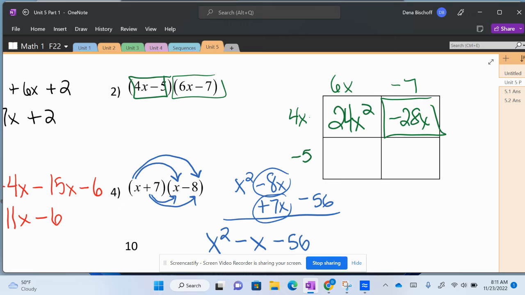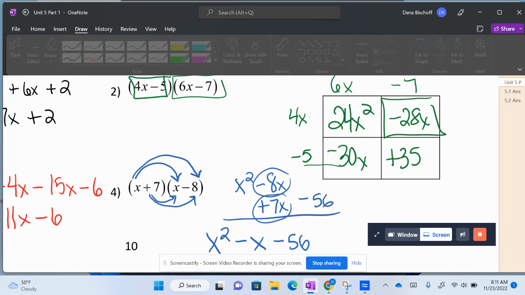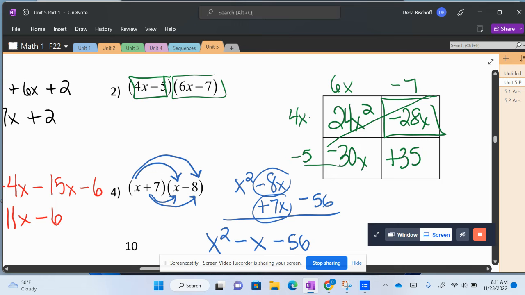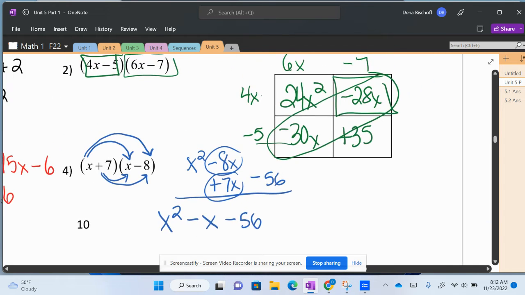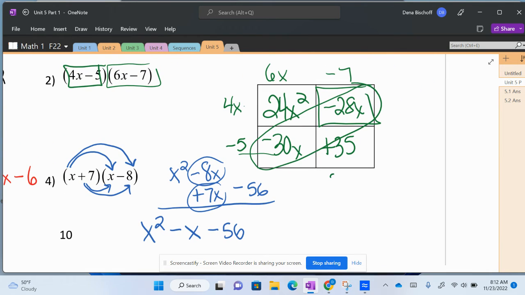So now I have a -5 times 6x, -30x. And then I have a -5 times a -7, +35. So you see, hopefully, that you can group these two terms together, right? So when I simplify this, I have 24x squared.